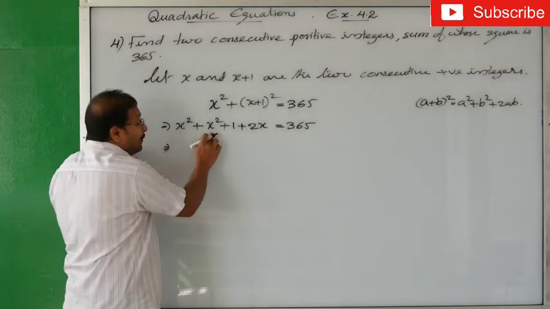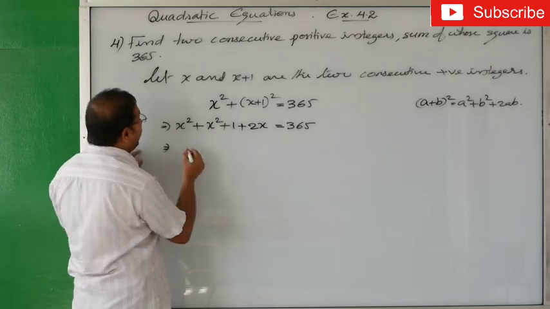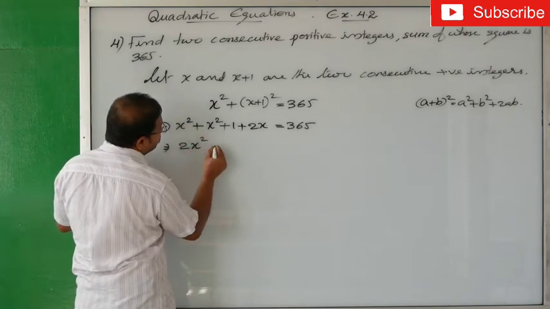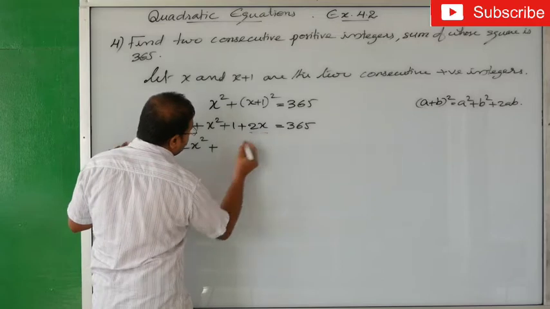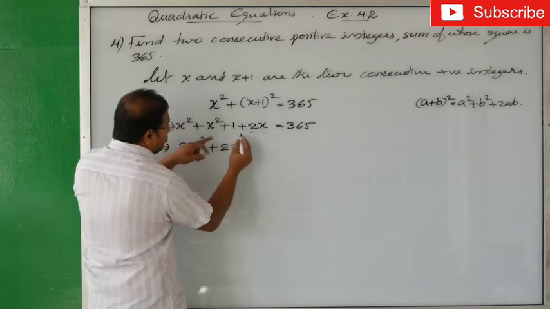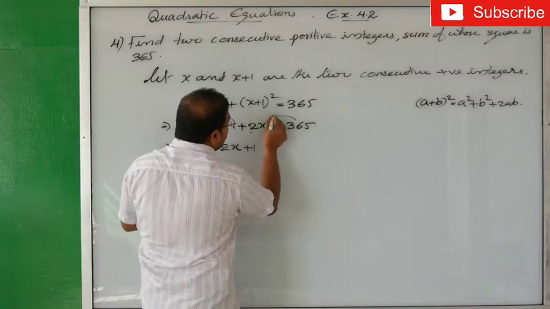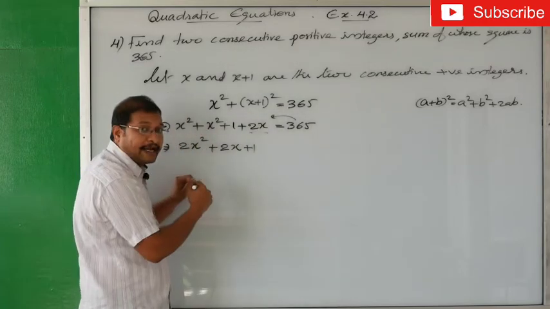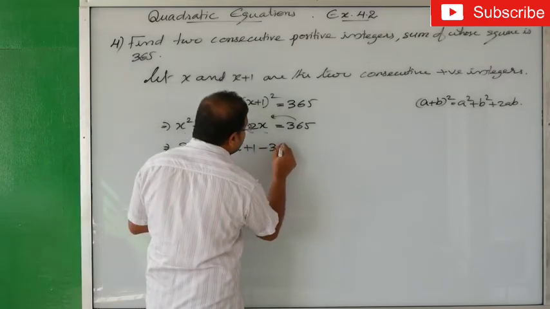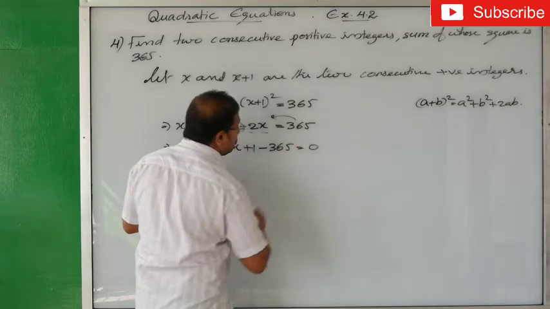This implies x square plus x square, 2x square, plus 2x, after that plus 1, and this 365 we bring to the other side, it will be minus 365 equal to 0.